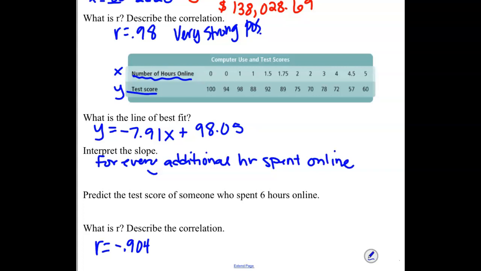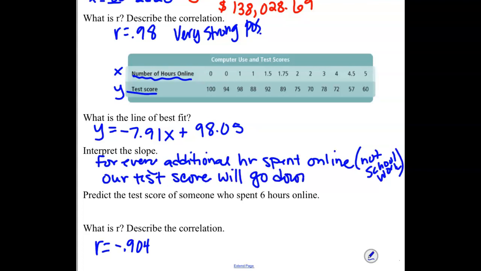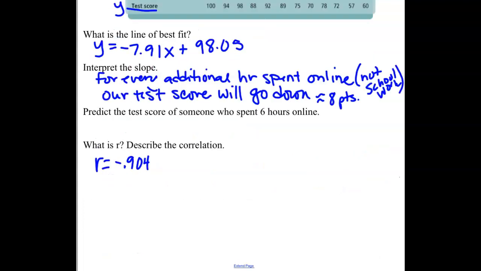Here they're referring to playing games, doing things online other than schoolwork. So for every additional hour that we spend online playing games, our test score will go down, because it's a negative slope, about 8 points. Negative 7.91 to be exact.